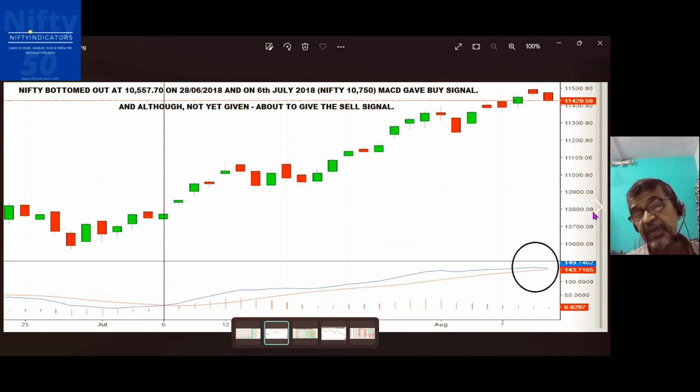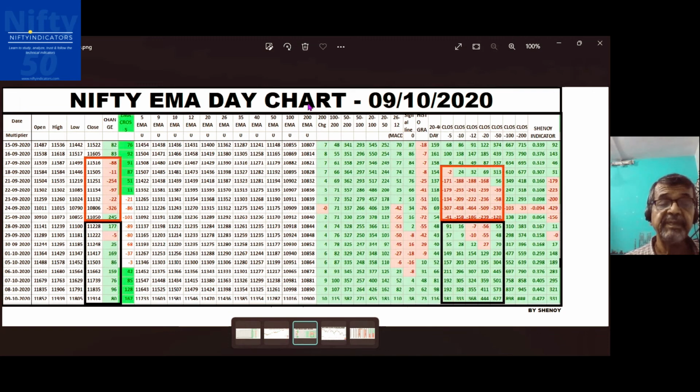That is the next. You see the Nifty EMA day chart on 9th of October 2020, how it looks. You see the last 20 days EMA chart. Up to 25th of September 2020, everything was red.